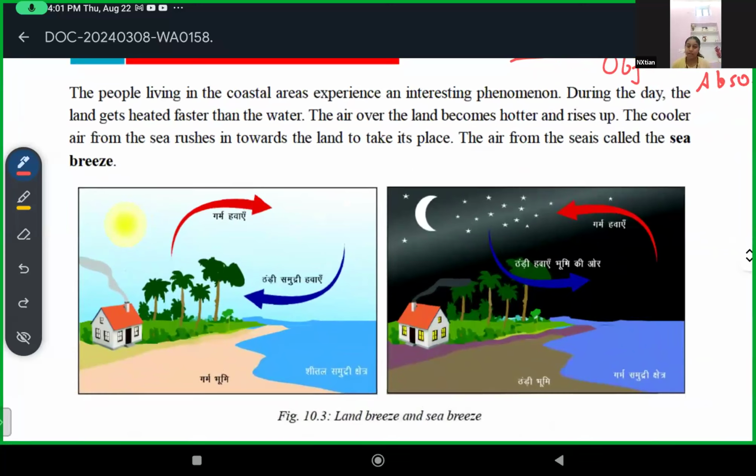The air over the land becomes hotter and it rises up, okay? And the cooler air from the sea takes its place. Okay, takes the place of the hot air. Cooler air from the sea. This is a sea breeze.